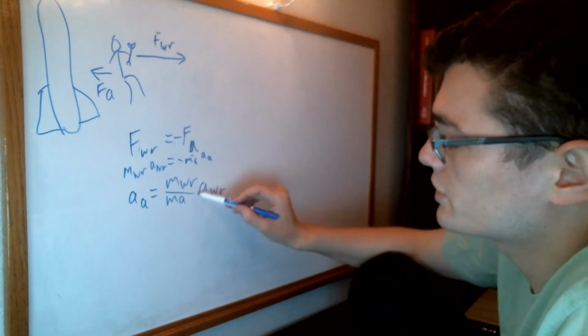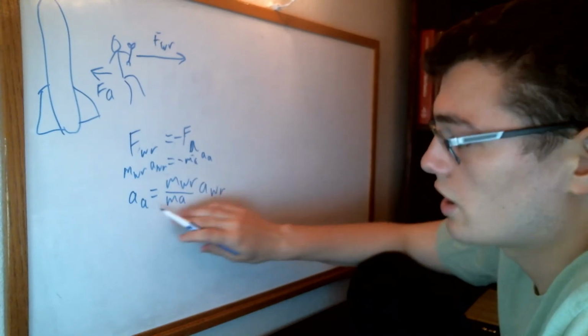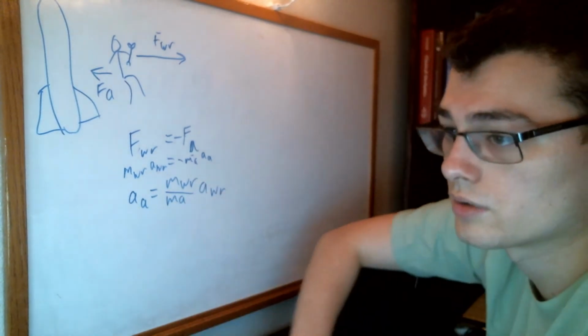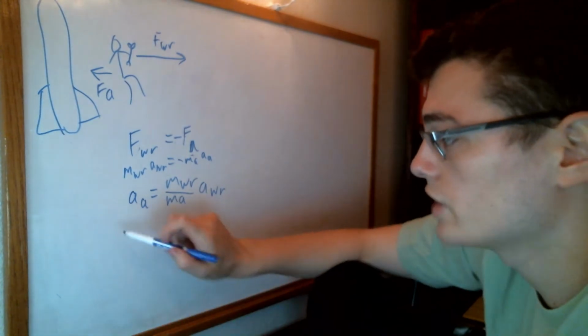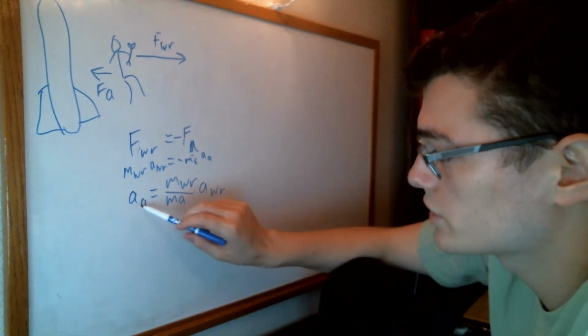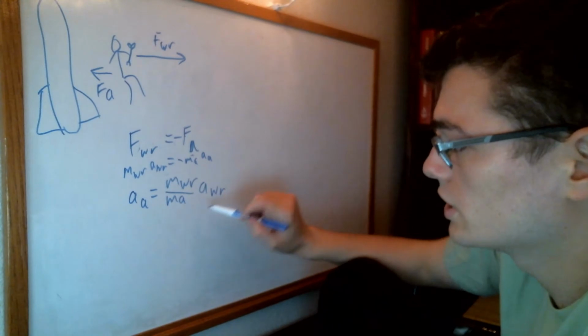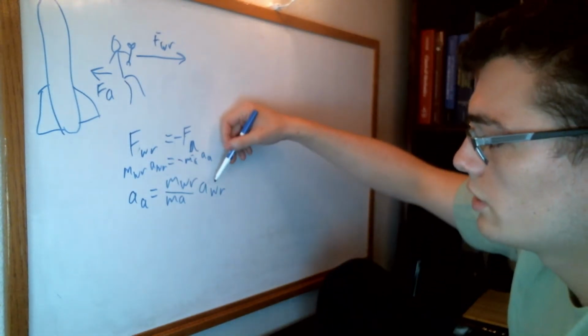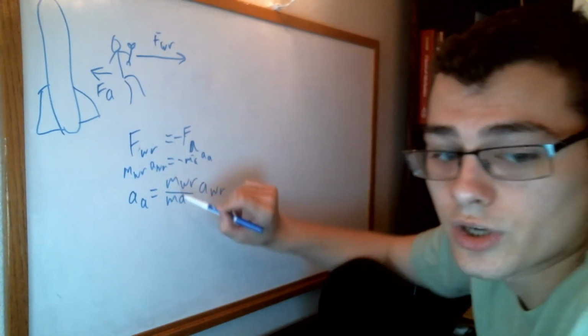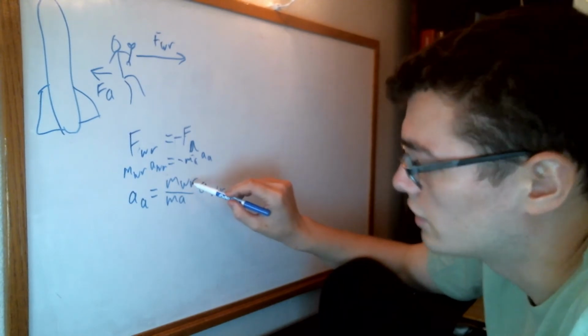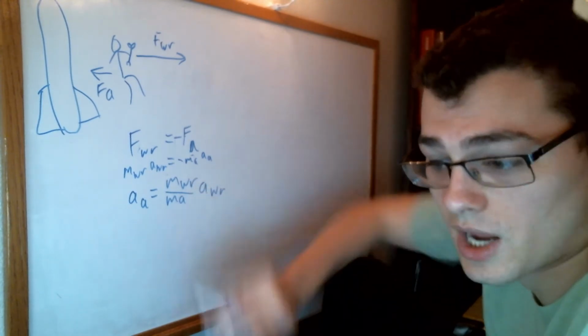Since the wrench has less mass, the astronaut will move slower than the wrench he threw. The acceleration of the astronaut is equal to the acceleration of the wrench times the ratio between the mass of the wrench and the mass of the astronaut.